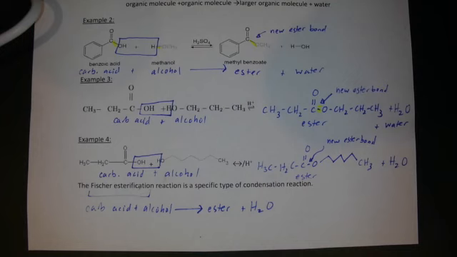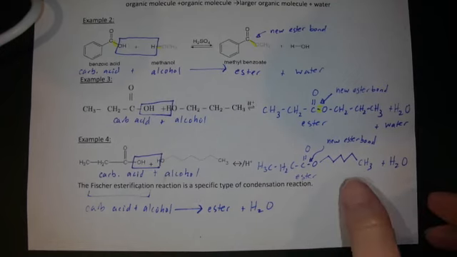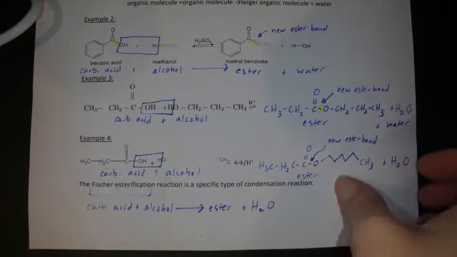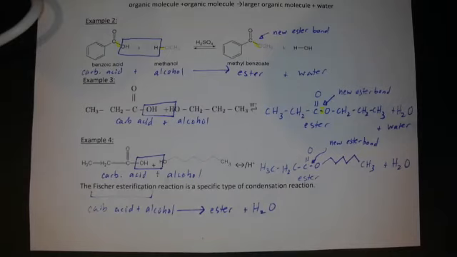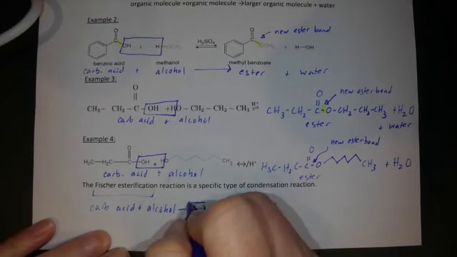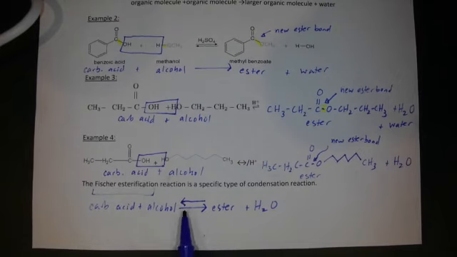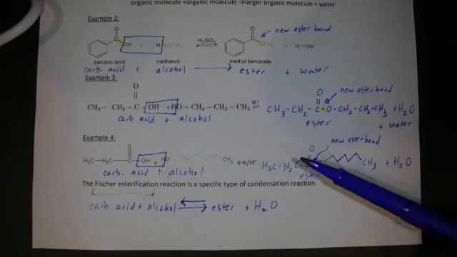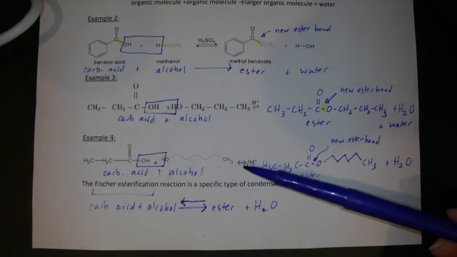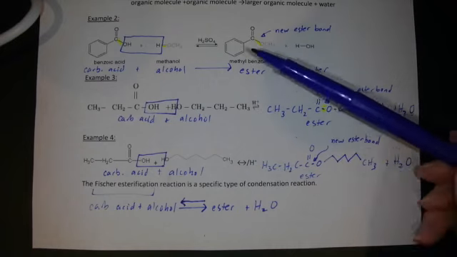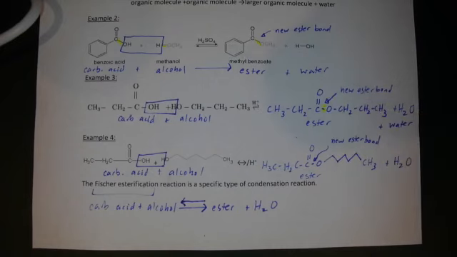All right, so that's how you form an ester. I'm going to flip the page over and we're going to look at how you would break that ester back apart. To do that, I'm going to draw this arrow this way. And you know what this means. This means it's a reversible reaction. Sure enough, in the examples shown for you, it's always a double arrow. That means it's a reversible reaction. So we will look right now at what that reverse reaction looks like.